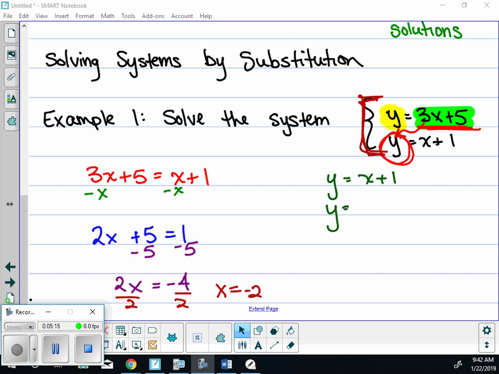And then I'm going to put my negative 2 in for x. So negative 2 plus 1. And then just add the numbers together, so y would equal negative 1. So if we were to graph these two lines, they should intersect at the point negative 2, negative 1.